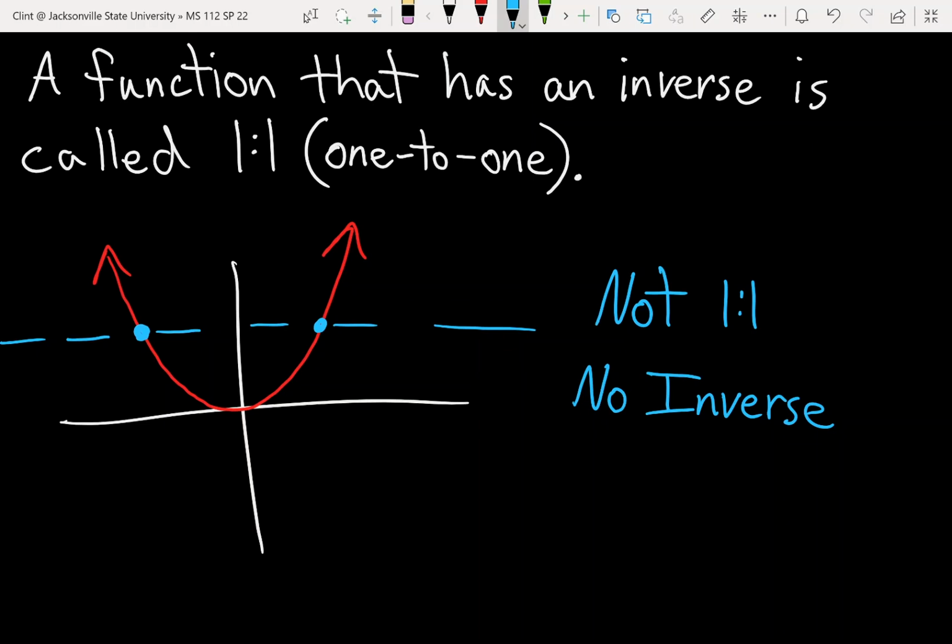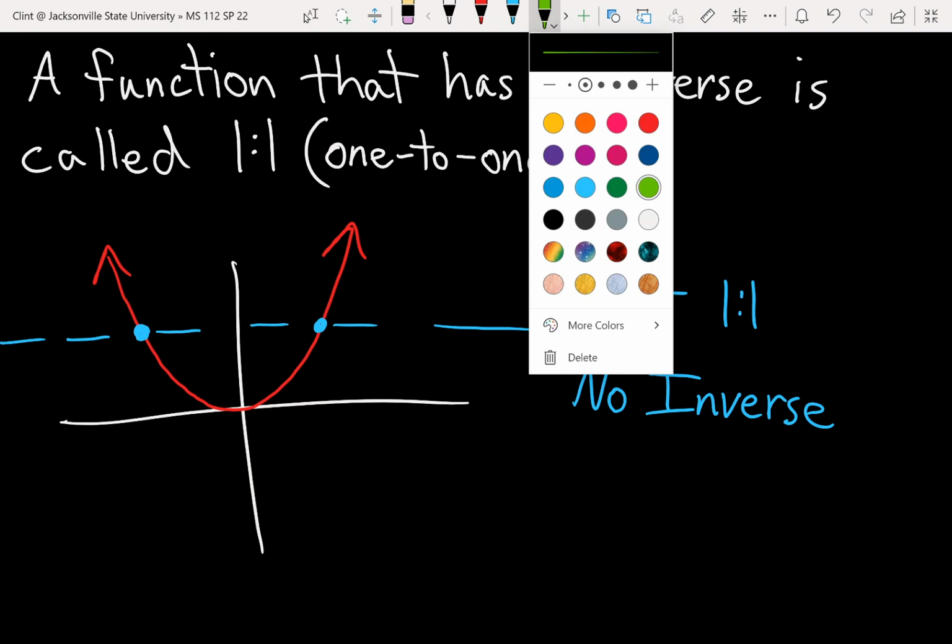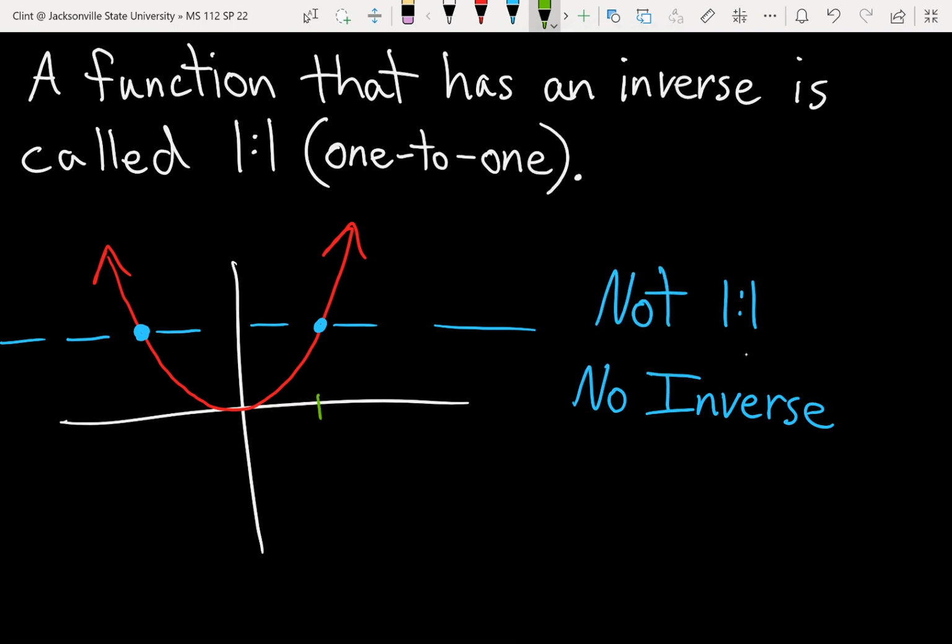The reason why is, think about this as a graph of x squared. Then the point (2, 4) would be on there, and the point (-2, 4) would also be on there.